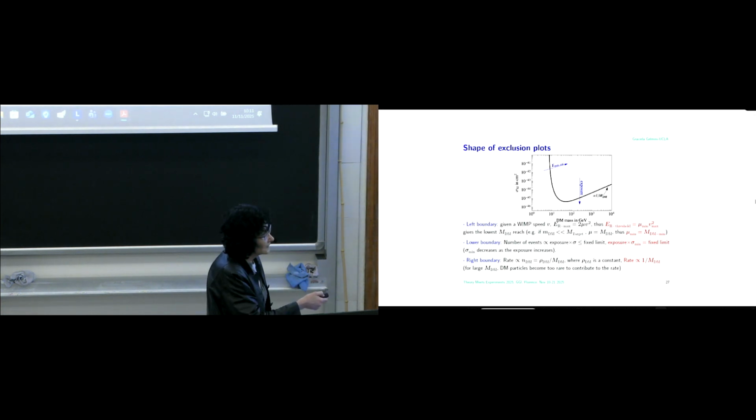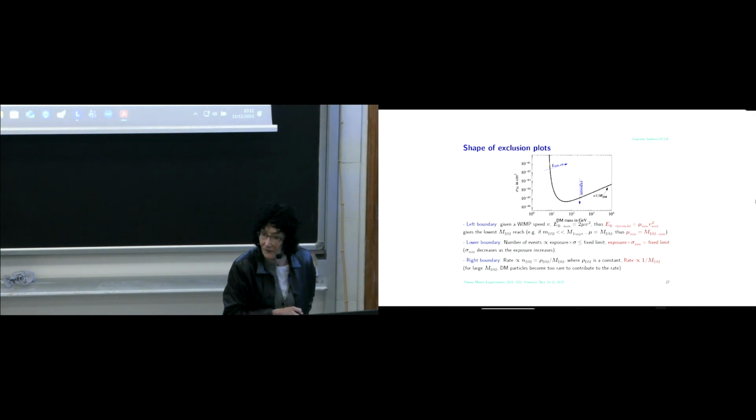And so at some point, this dominates the rate because dark matter becomes too rare and decreases as 1 over m. And this then becomes the cutoff, how the plot cuts off. So you always see this sort of half moon shape. So this curve continues forever.